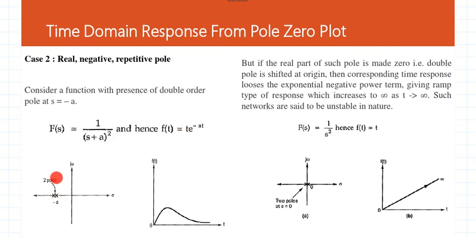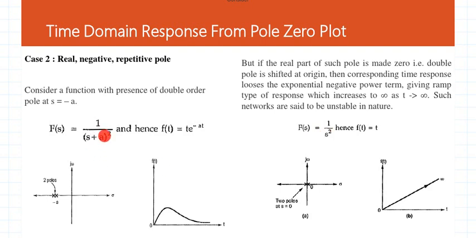Since the poles are in the left half of the S-plane, we still get an output which is stable in nature, wherein the magnitude is finite. Even though the time tends to infinity, we get a finite output. Now, if these repetitive poles shift to the origin, the transfer function will be 1 by s squared, right?